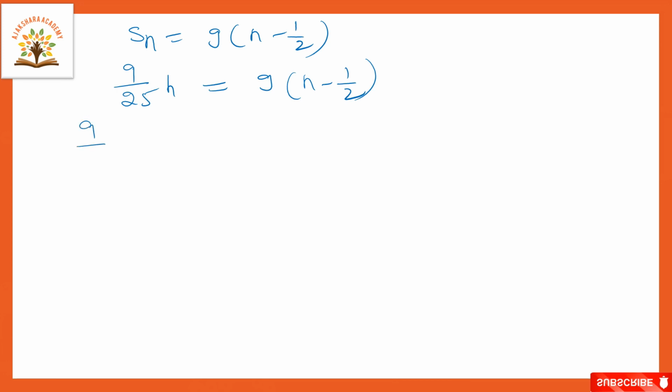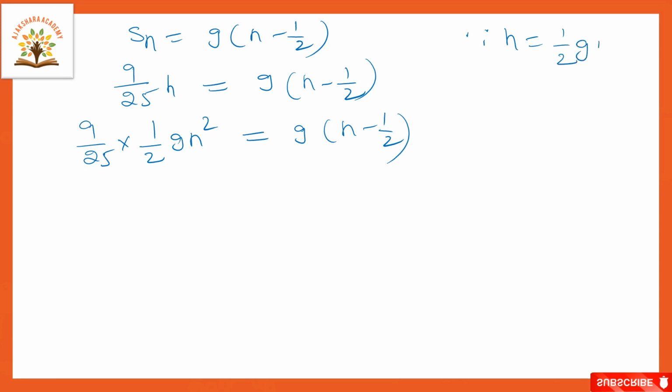So 9 by 25 into 1 by 2 g n square, substituting the h value here, is equal to g into n minus 1 by 2. Here since h is equal to half g n square, g gets cancelled.